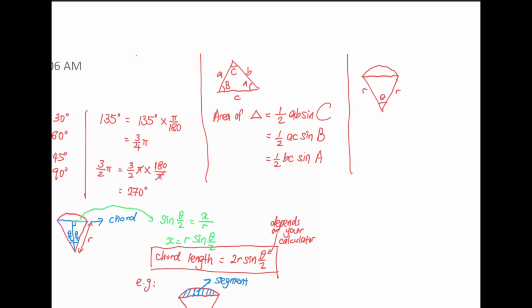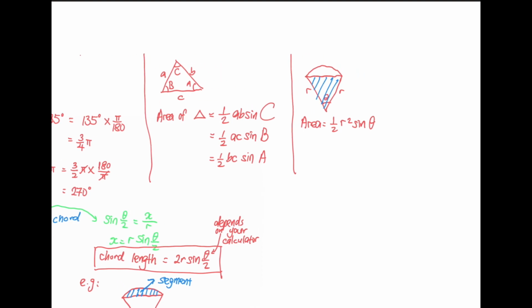To find this area of triangle, basically we can use area equal to 1 over 2, based on the formula here, right? You just take any two sides, multiply and sine the angle in between. So it is 1 over 2 R square sine theta. So that is the area of triangle.